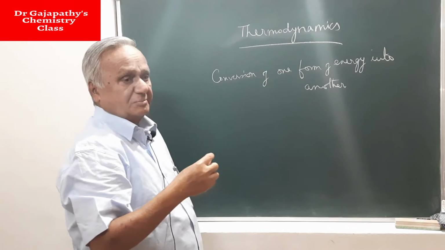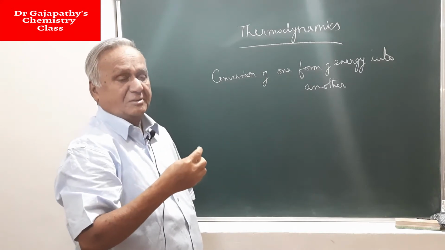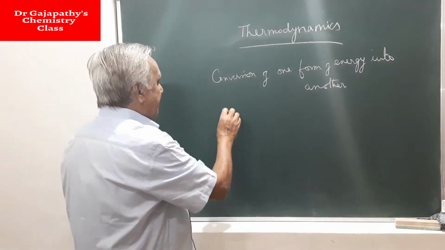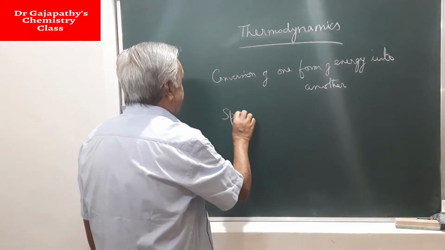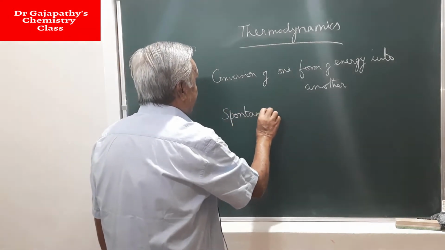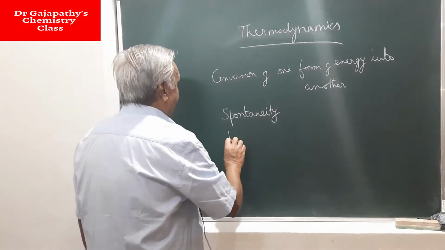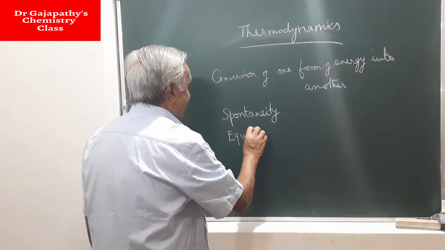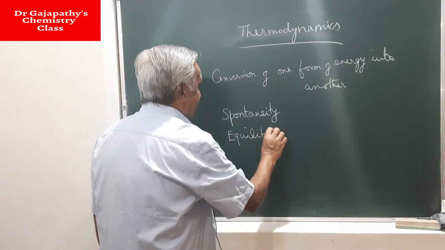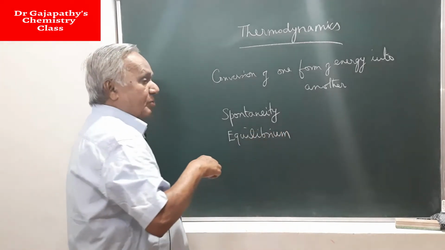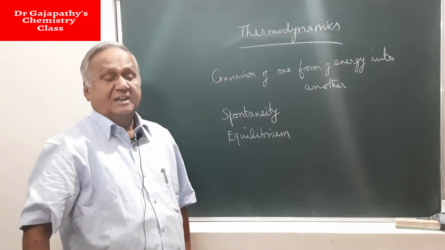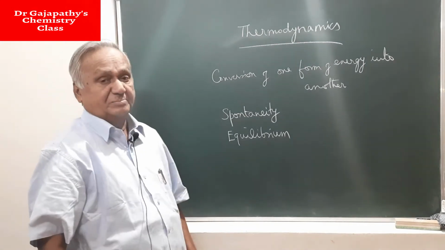And from this, we are going to get information about the spontaneity of a reaction, whether a reaction can take place or not, or about the equilibrium. What is the condition for spontaneity and what is the condition for equilibrium?